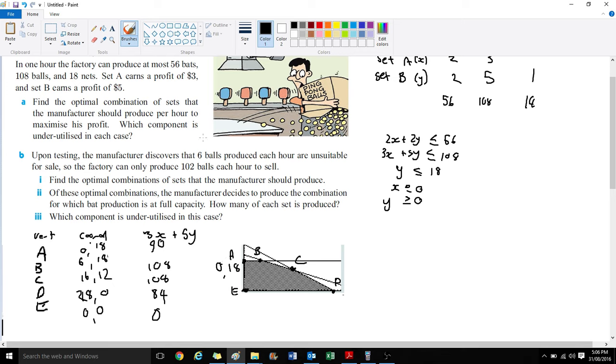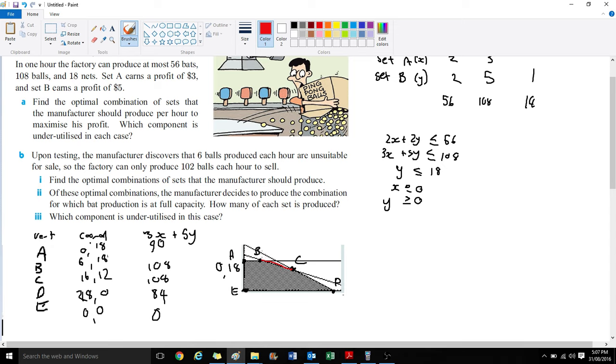Okay, now what this tells us is there could be other solutions, because on the vertices we have 2 optimal solutions. There's potentially other solutions and they lie on the line connecting B and C. Okay, they lie somewhere on this line. So what we need to do to determine those is determine the line that BC is on.